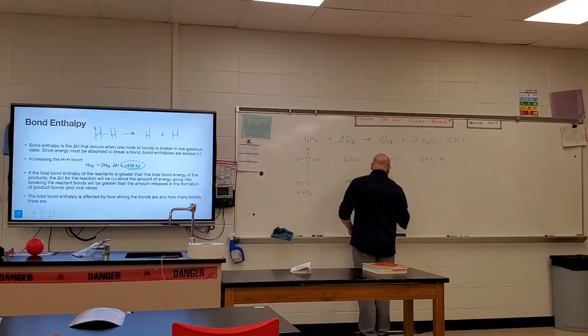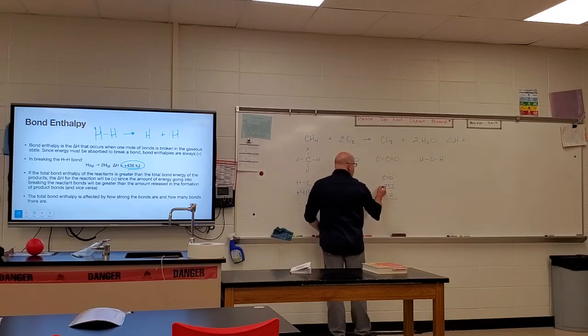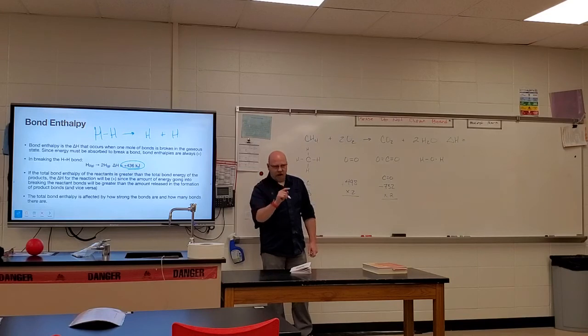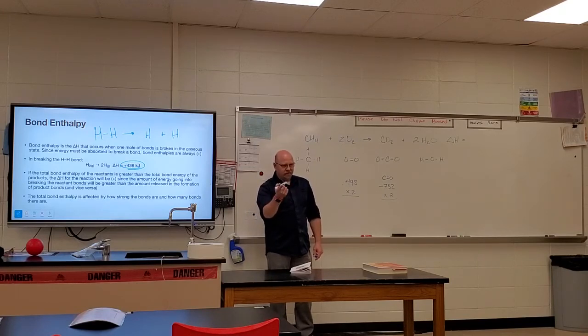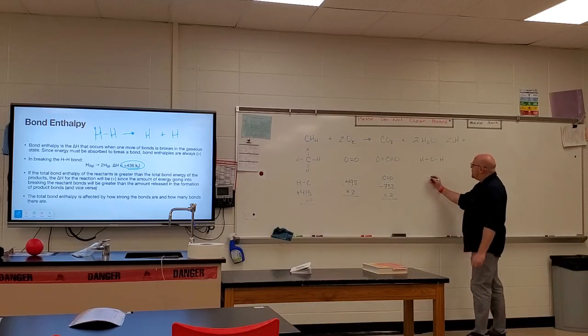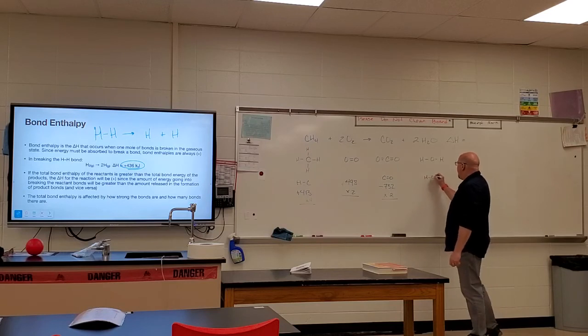Now, I'm going to put a negative sign on this. Does everybody understand why? Because as I said earlier, when you form bonds or attractions, it's what? Exothermic. Hydrogen and oxygen bond, what's it worth?